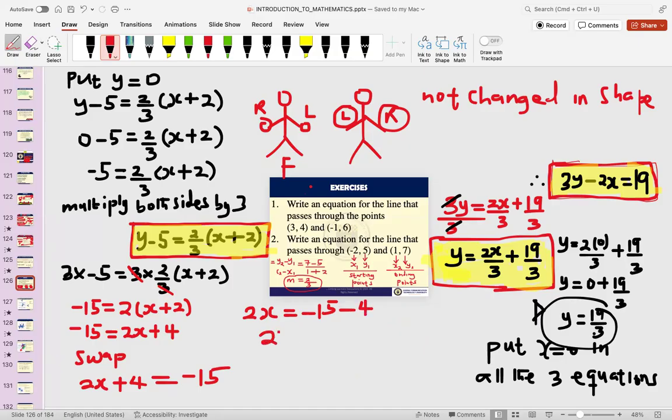We have 2x equals -19. We want x to stand alone, so we divide every side by 2. And then we do some cancellation. This 2 will cancel this 2. Therefore, x finally will give us -19 divided by 2.